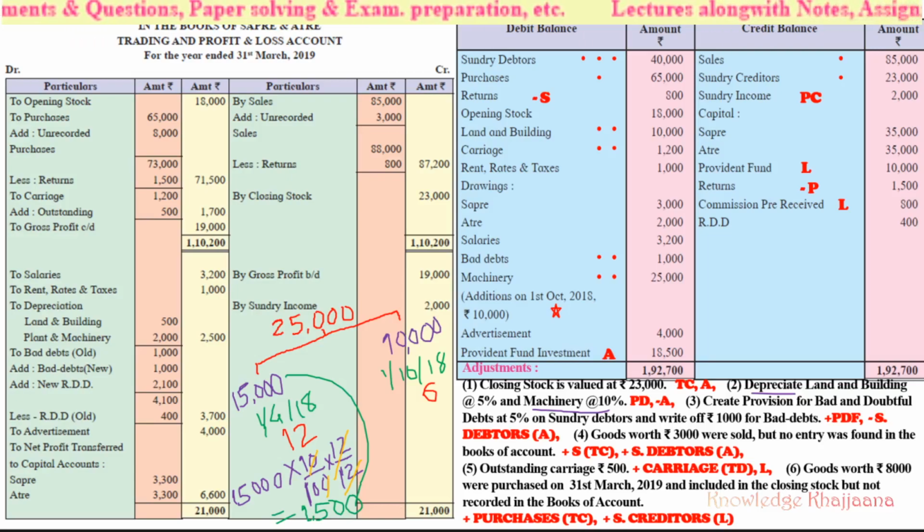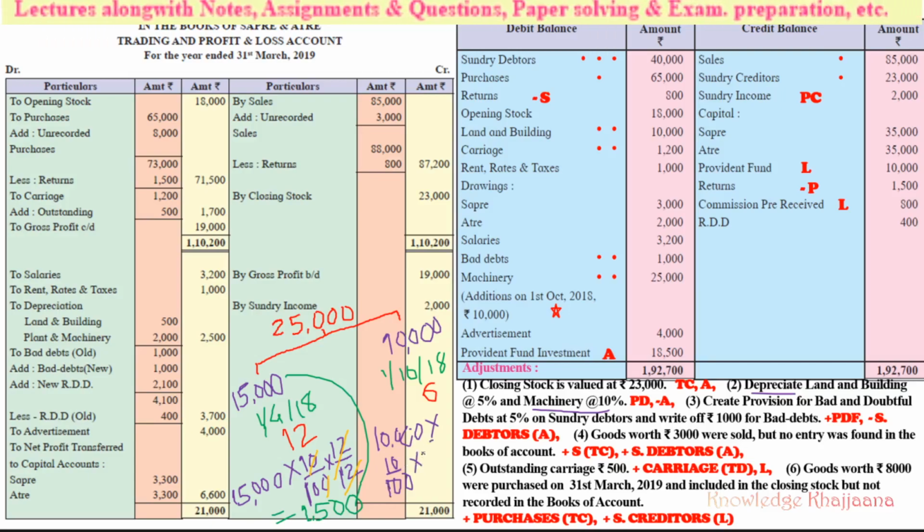In the same way we calculate: rupees 10,000 into 10%, 10 divided by 100, for the last 6 months only. 6 divided by 12 is 1 by 2.